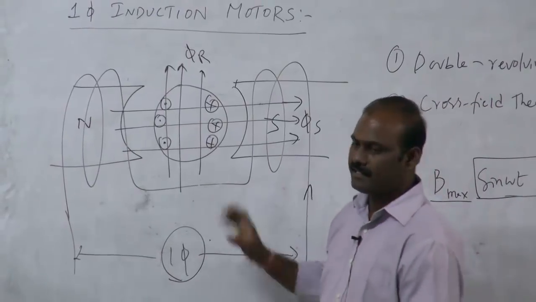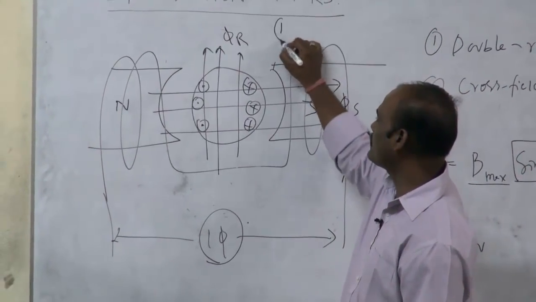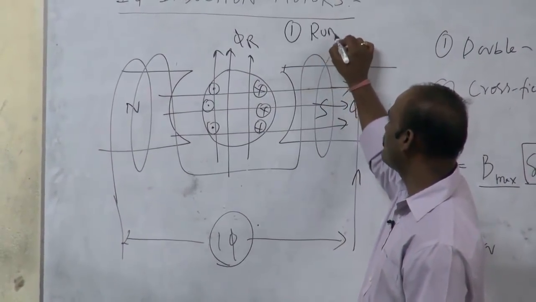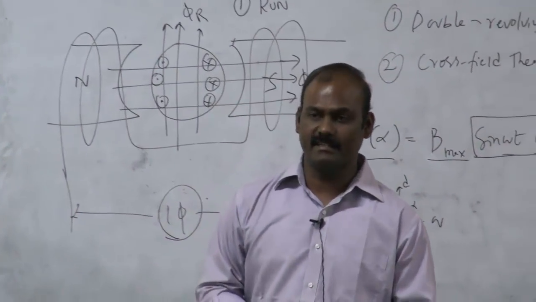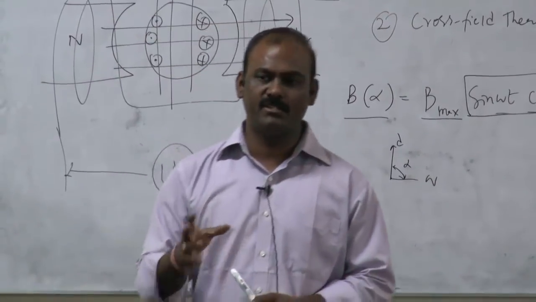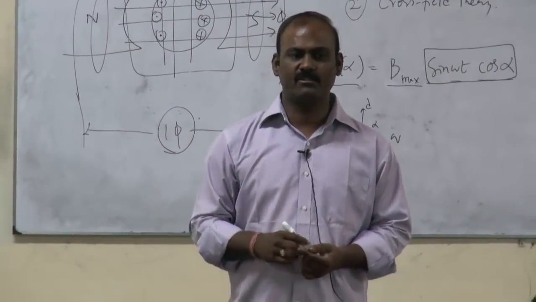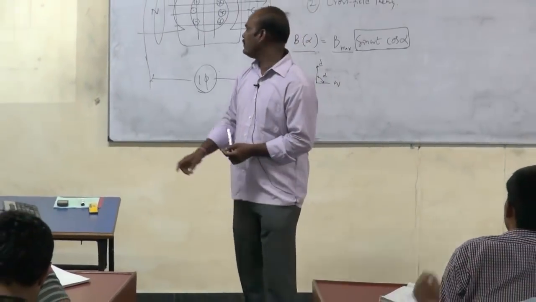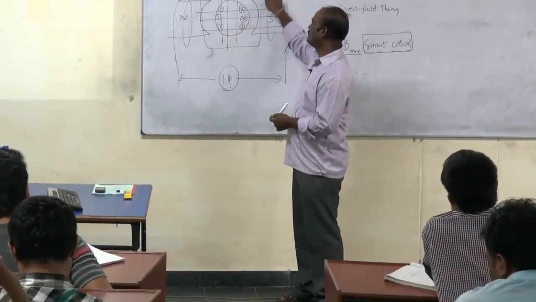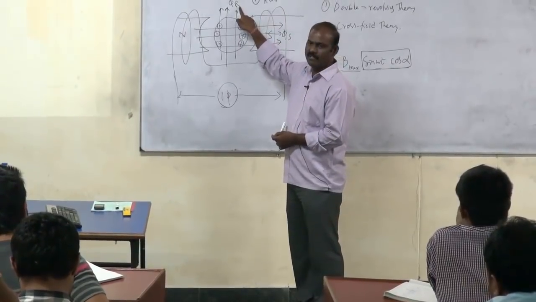Now in this revolving field theory, the first and foremost condition is run. Run means the machine should be in the running condition. That means by external means you should give some extra force so that the rotor rotates, right? Then only phi r will be available. If you don't give external force, phi r will not be available.